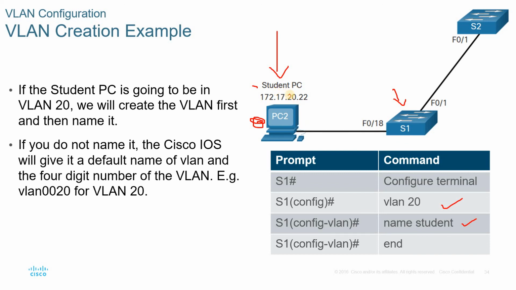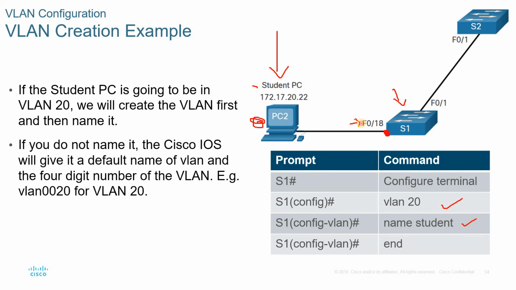So, paano natin siya ililipat? Paano mo siya gagawing miyembro ng student VLAN? Okay, simple lang. Titingnan mo kung saan siya nakasaksak. Kung anong port yung gamit ni PC2. Okay? Ang port na gamit niya is F0/18. That is port 18 ni S1.